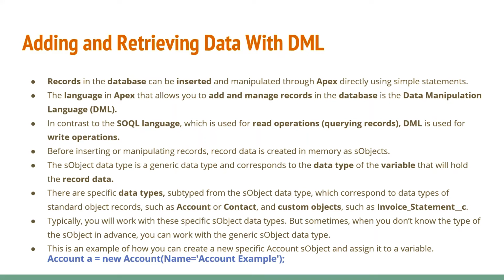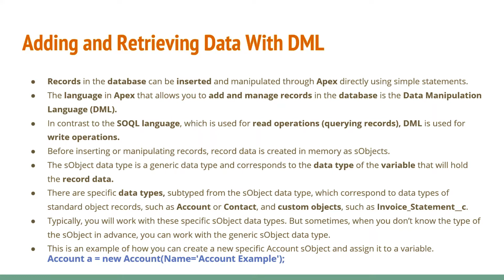Before inserting or manipulating records, record data is created in memory as sObjects. The sObject data type is a generic data type and corresponds to the data type of the variable that will hold the record data. As we know, Apex is a strongly typed language, so this is the only way by which we can get the exact data without exceptions.